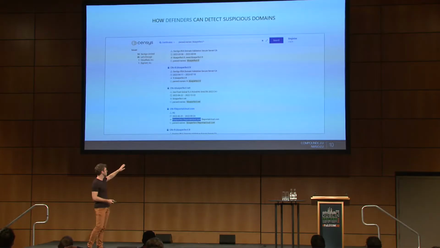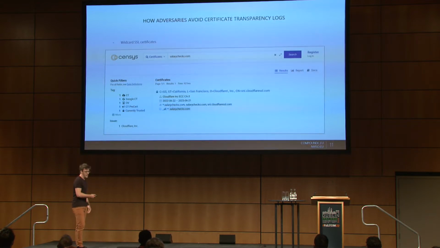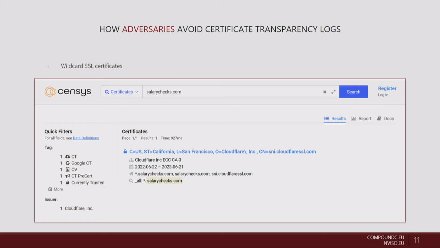This might already be a very strong indicator that this domain is malicious, so let's just block it straight away. All right. As an adversary, of course, I can also anticipate you monitoring these certificate transparency logs. What I will do personally then is use Cloudflare, because Cloudflare gives you wildcard SSL certificates.